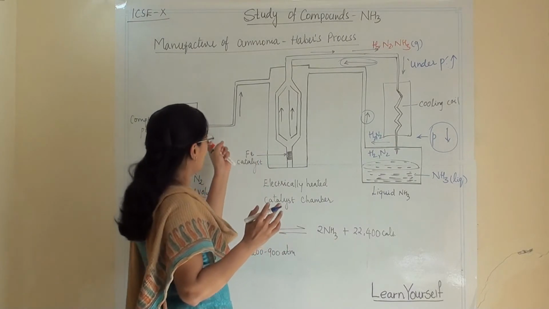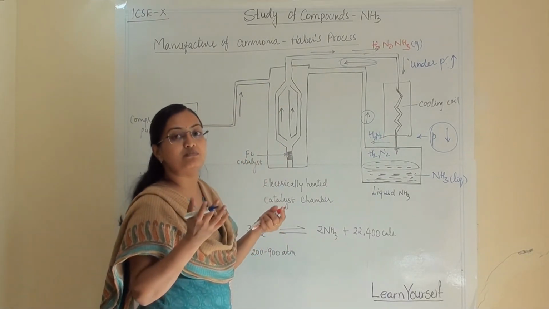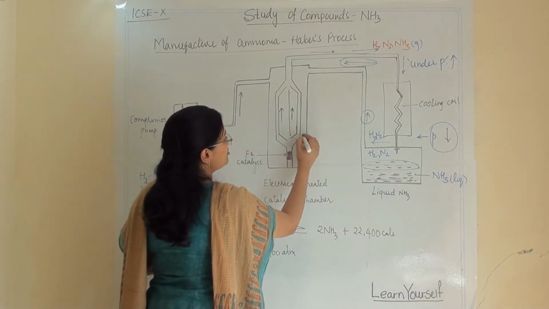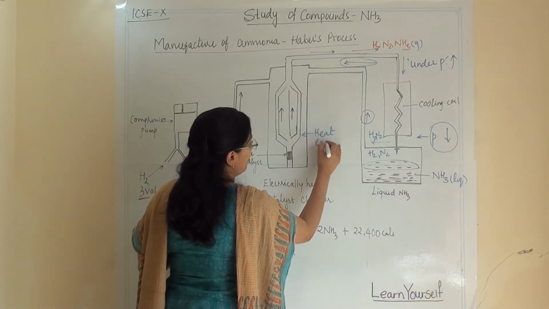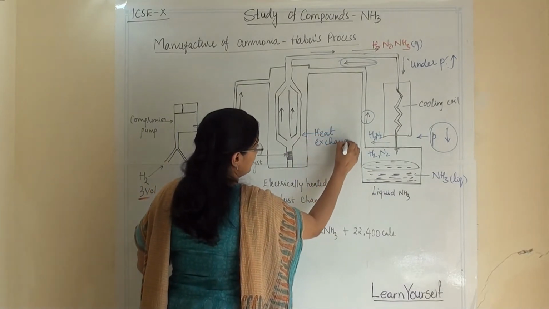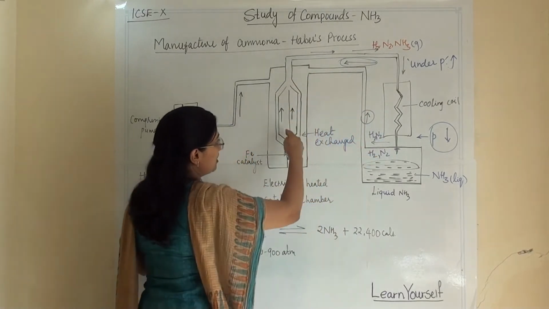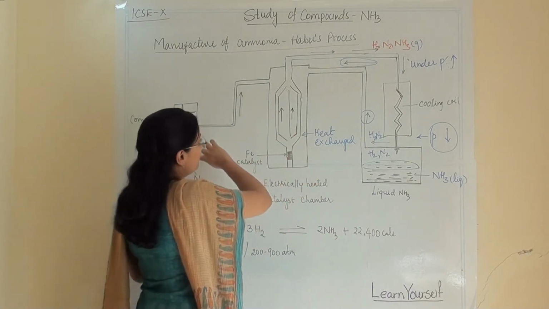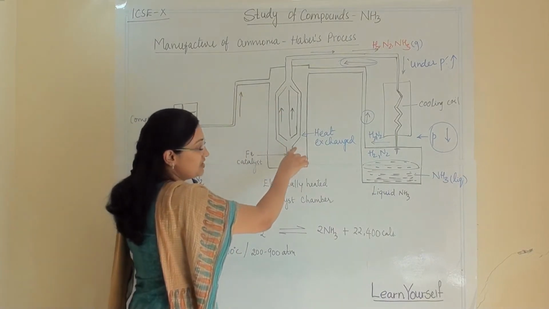But all the compressed mixture that has come here will be very hot. So there will be a heat exchange between these two types of reactants. The hydrogen and nitrogen coming here will be very cool, and the compressed hydrogen and nitrogen coming here will be hot.